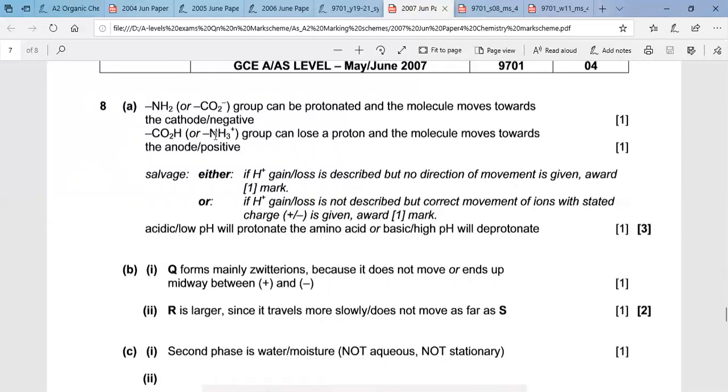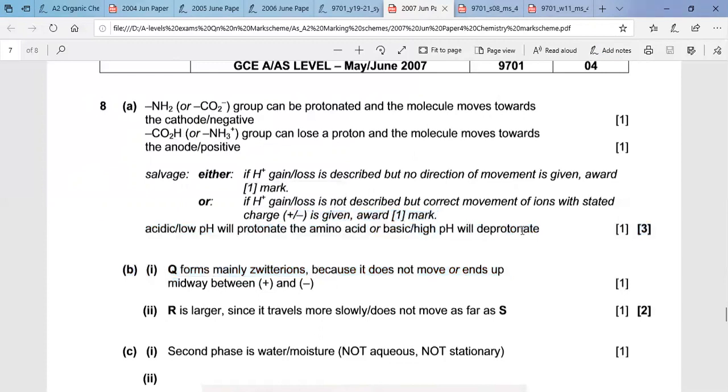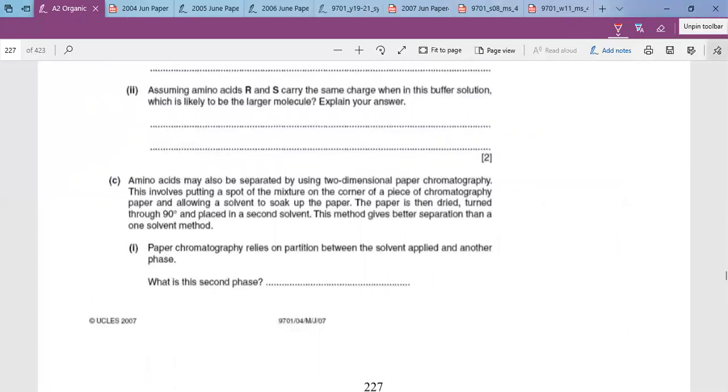This one loses a proton here, or gains a proton here, and moves to positive. So 1 mark for them, and here acidic will protonate, and so forth. So this is the question now. Of course, then you ask the other questions here.